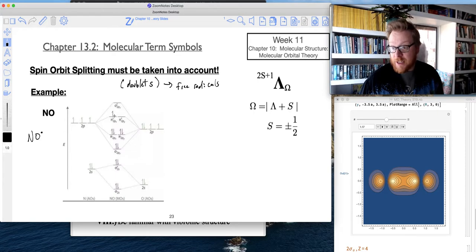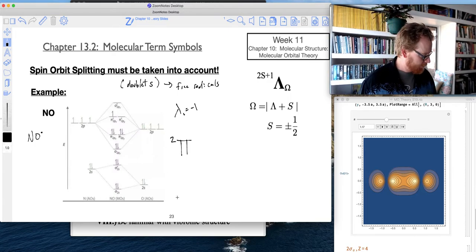It doesn't matter because of the absolute value. So that's my only lambda value, right? So that's going to be a pi state. And hopefully I recognize that it's got to be a doublet because it's one unpaired electron.